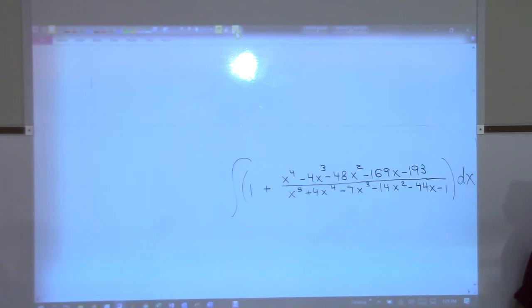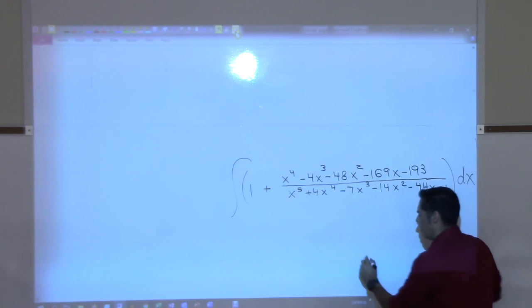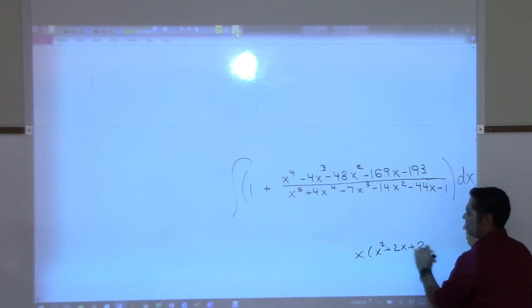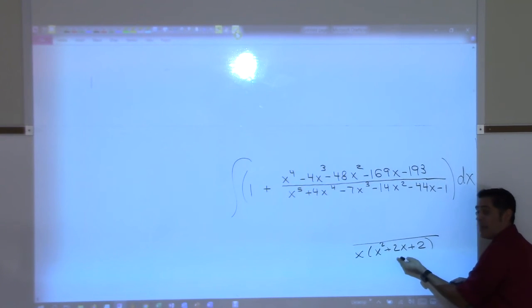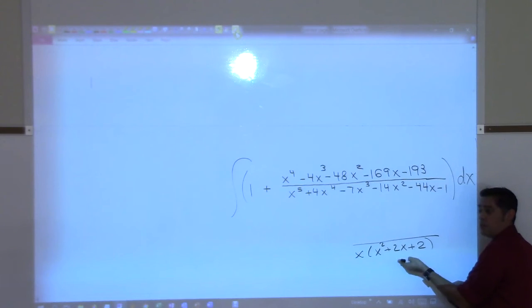Before that, you have to try and factor the denominator. In the previous problem, we had x and x squared plus 2x plus 2 on the bottom. We said this doesn't factor. This was a distinct linear and this was an irreducible quadratic, and we have a method for that: A over that, Bx plus C over this.